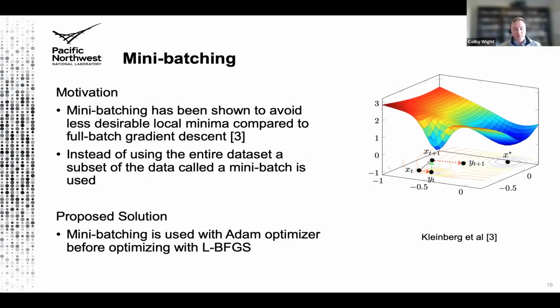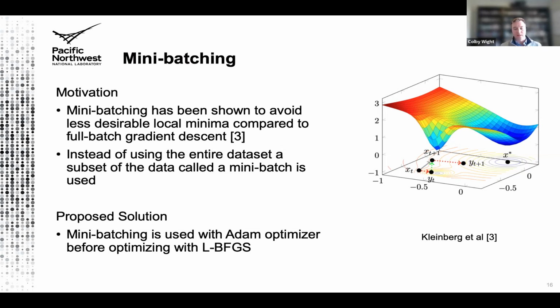Okay, thank you for the questions and clarifications. So another technique that's common in machine learning is mini batching. This has been shown to help avoid less desirable local minima when compared to, say, full batch gradient descent. I'm sure everybody's familiar with this.